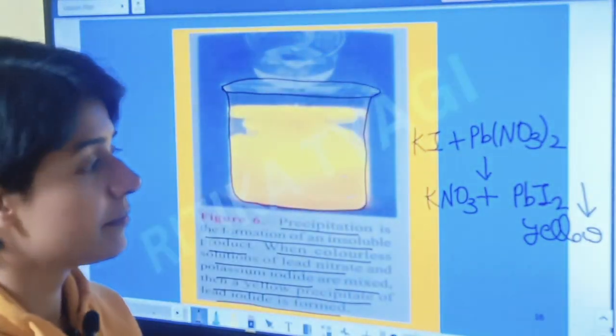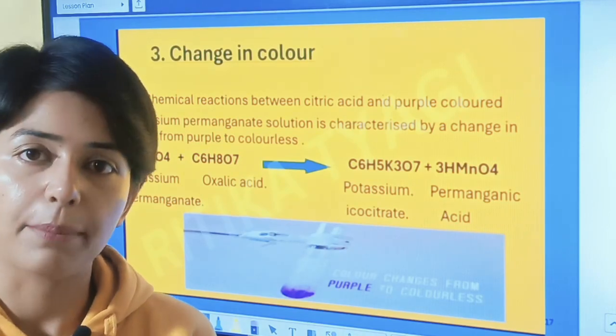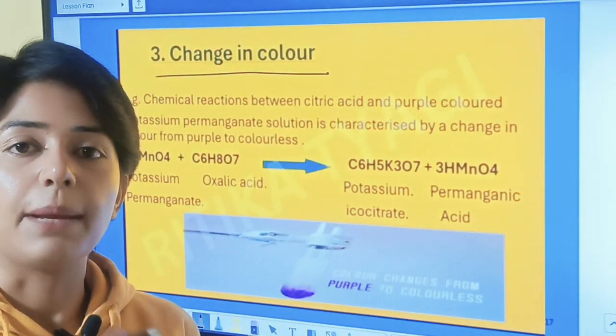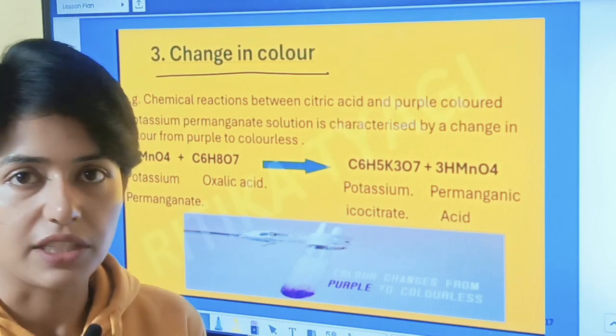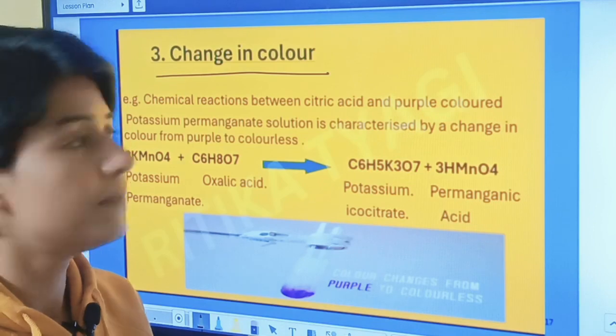Now we are going to discuss the third characteristic of a chemical reaction, that is change in color. Some chemical reactions are characterized by a change in color. Let's discuss this with the help of an example.